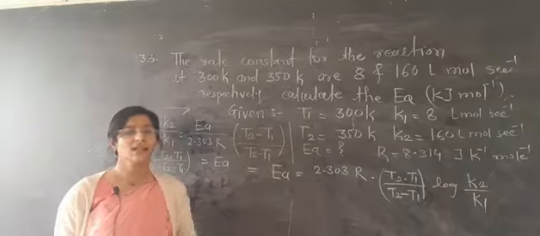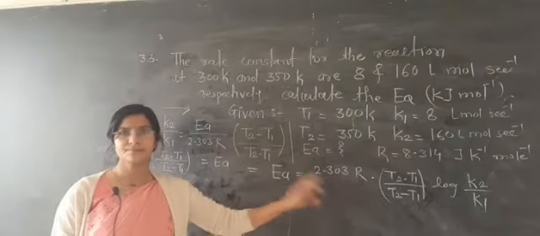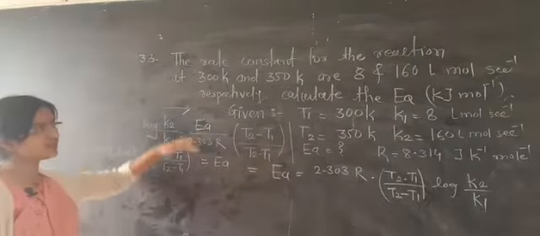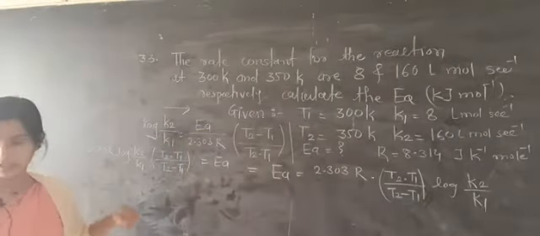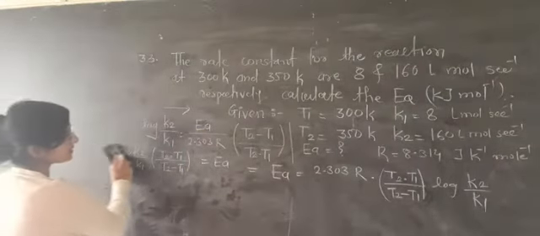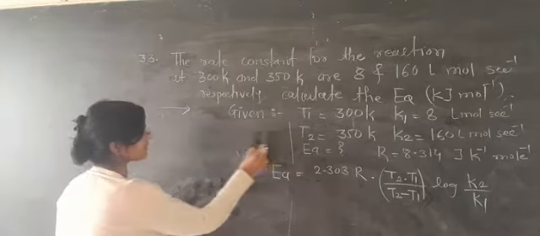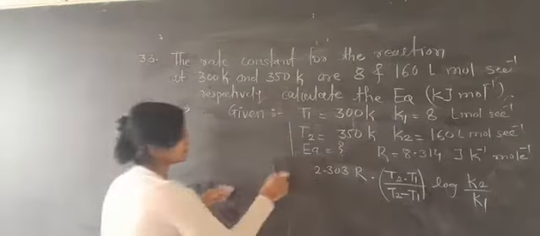This is the arrangement of the equation, and in this equation I just substitute the given values and we will get the answer. This is our basic equation for the activation energy.